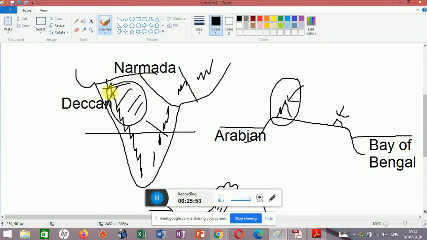Simply say there were so many cracks here, and through the cracks lava was oozing out and spreading over this whole area. After cooling down, the lava becomes the black soil, and this is known as Deccan Trap.